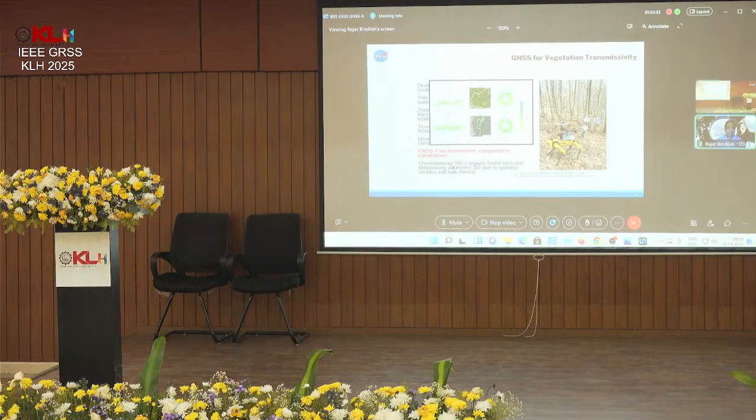So they were able to get a very good comparison between the transmissivity that the robot observed and the data that was collected from other sources.